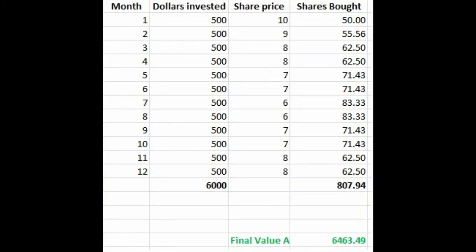For example, as shown here, if I am buying the same asset with the same $500 every month, as the price goes down, I am buying more. And then when the price recovers somewhat, but not all the way to where it was before, only going to $8 per share while it started at 10, I am still higher than the $6,000 I put in, worth $6,463.49, because I was buying shares at $6 for the lowest point.